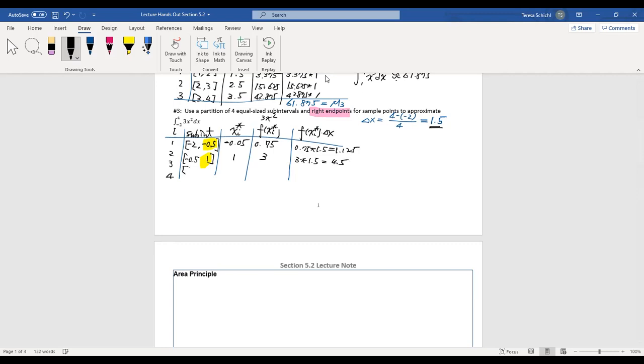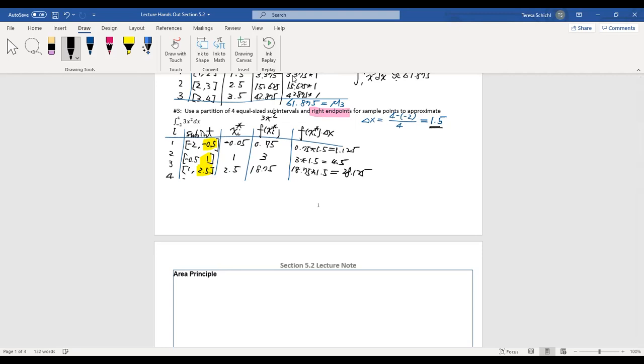The interval number 3 starts at 1, and adding 1.5 gives 2.5. You use the right end, which is 2.5, so 3 times 2.5 squared is 18.75. Then 18.75 times 1.5 gives you 28.125.